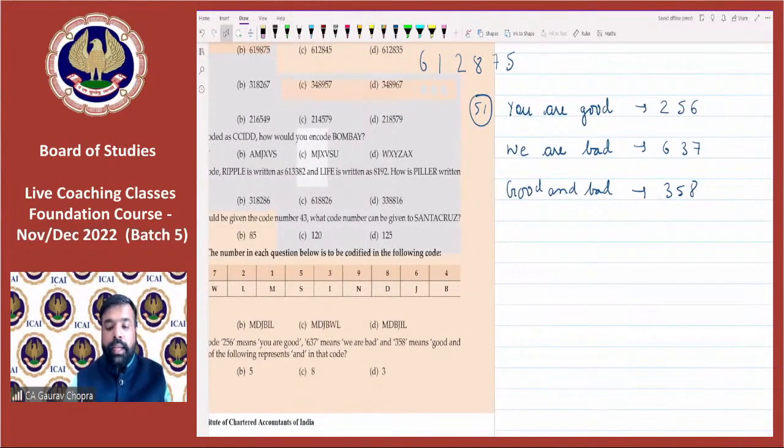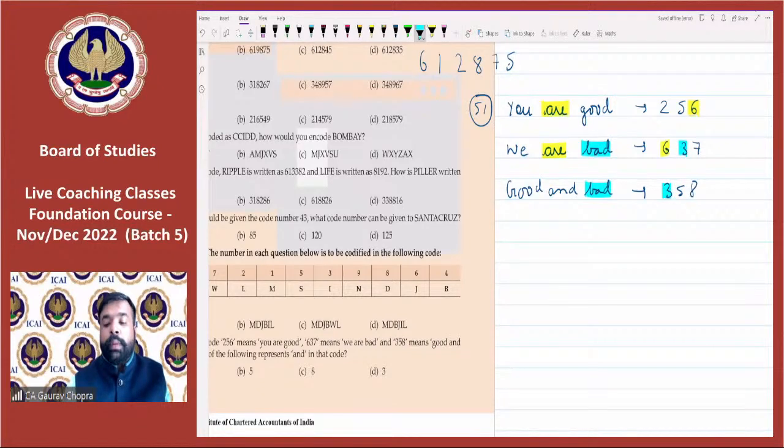Such type of question we have to compare. If we compare the first and second statements, what is common? R is common. And in numbers, 6 is common. So R means 6. Then if we compare second and third, we are having bad and bad. What is common? 3 and 3.